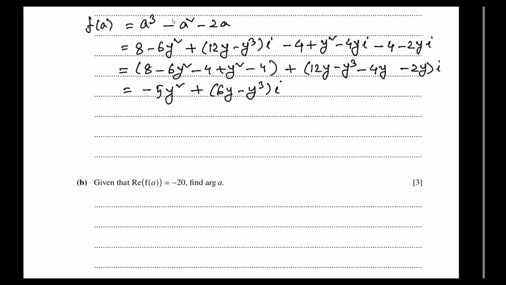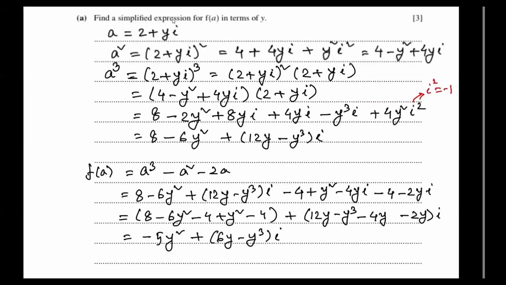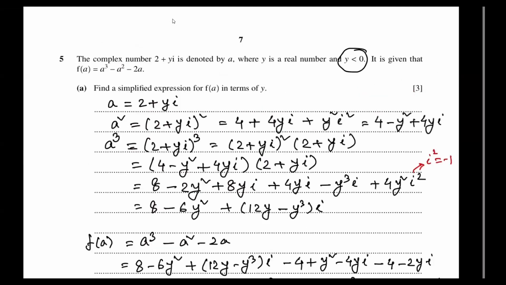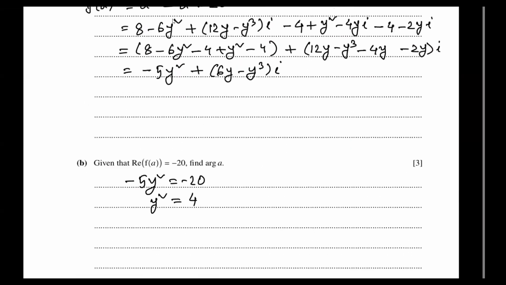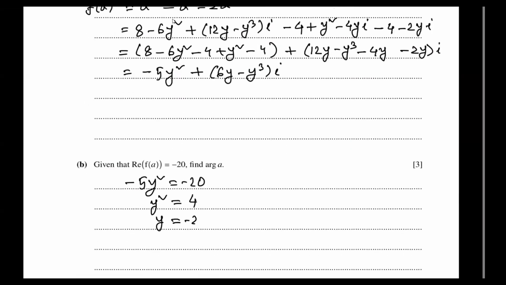So we have minus 5y square equal to minus 20. So y square equal to 4. And remember, y is negative. Don't forget it. y is negative. So y is minus 2, as y is less than 0.